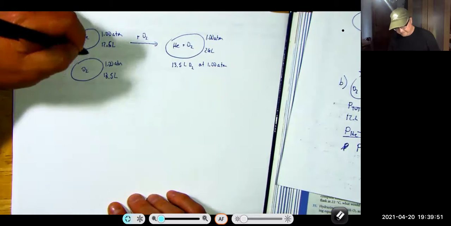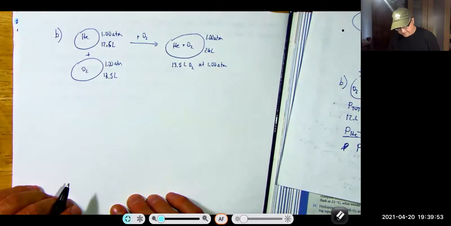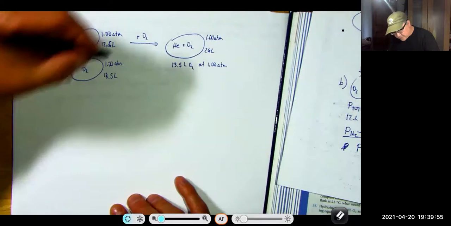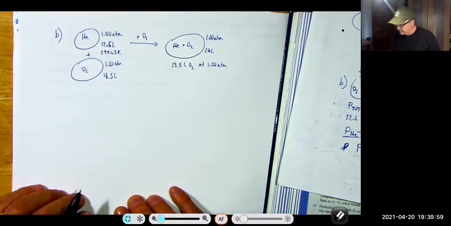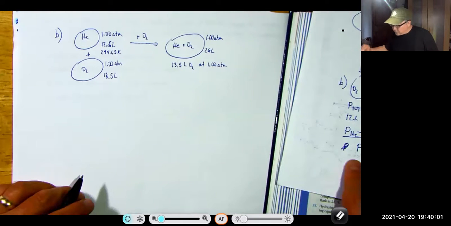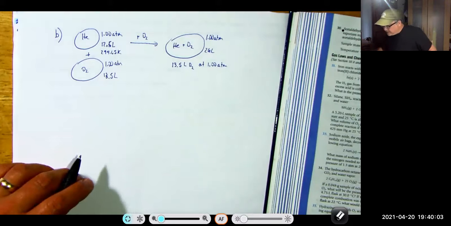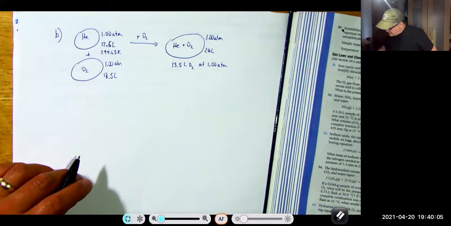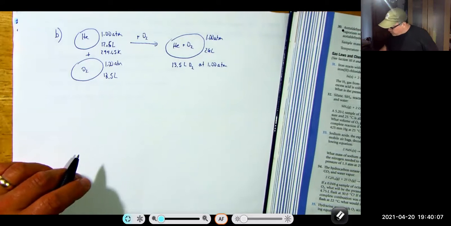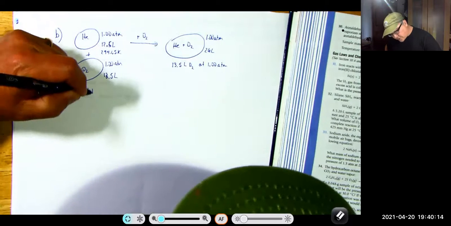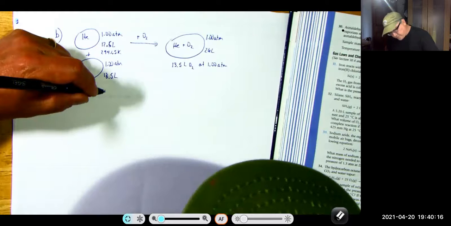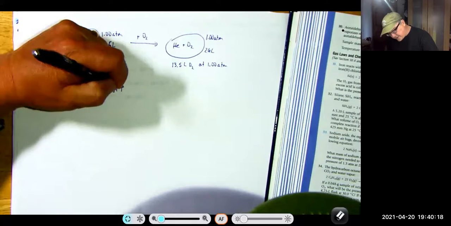Fair enough? Yep. And we actually have the temp, which is 294.65 K. And for B, we're supposed to calculate the partial or final pressure of helium in the balloon.